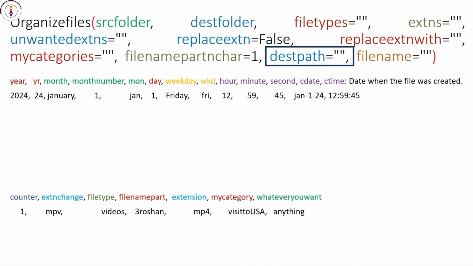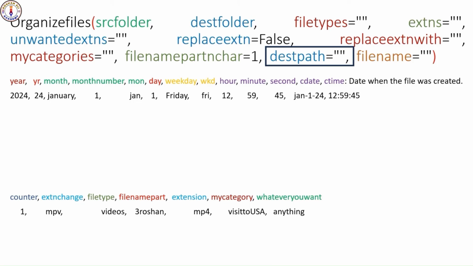For example, videos will be moved to the videos folder. File name part will work according to this parameter and will create a folder based on the letters taken from the file name. For example, 3 Roshan was the file name. Extension will create folders based on the extensions of the files and will move files based on their extensions.